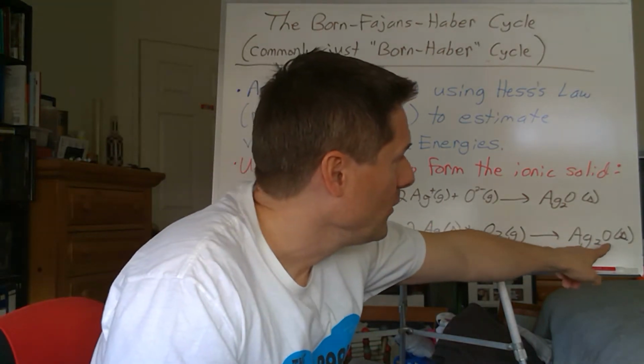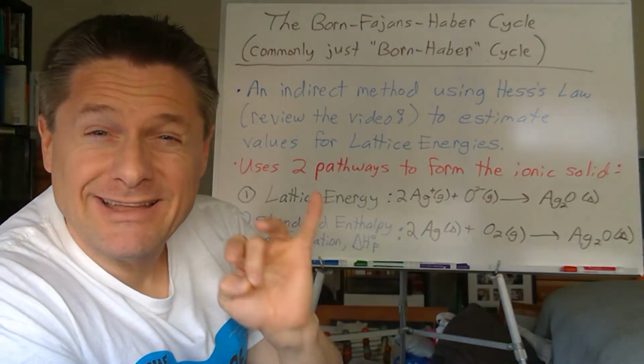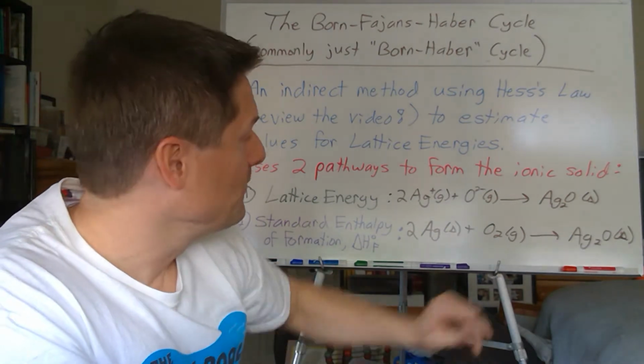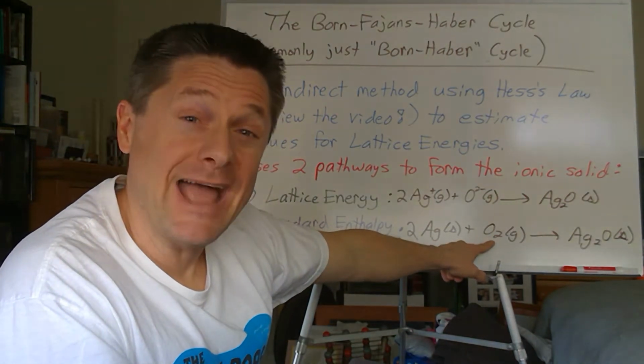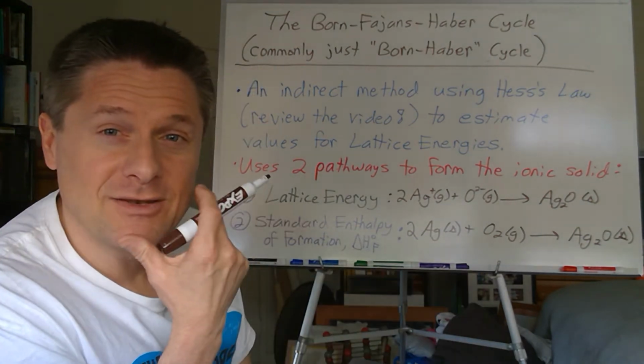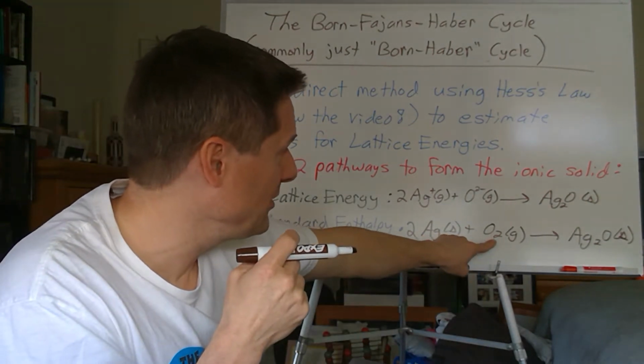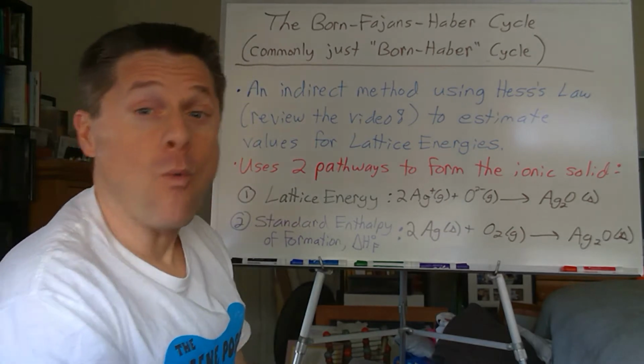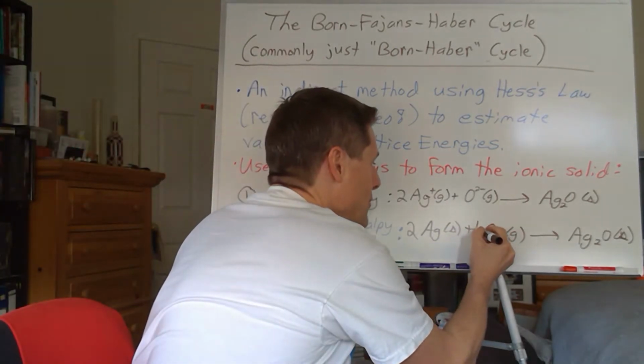But look at that. We need 1 oxygen anion, 1 oxide ion. But we have a diatomic element there, right? So what coefficient do we need there? What times 2 gives you 1? Oh, 1/2. Oh no, cheerio.